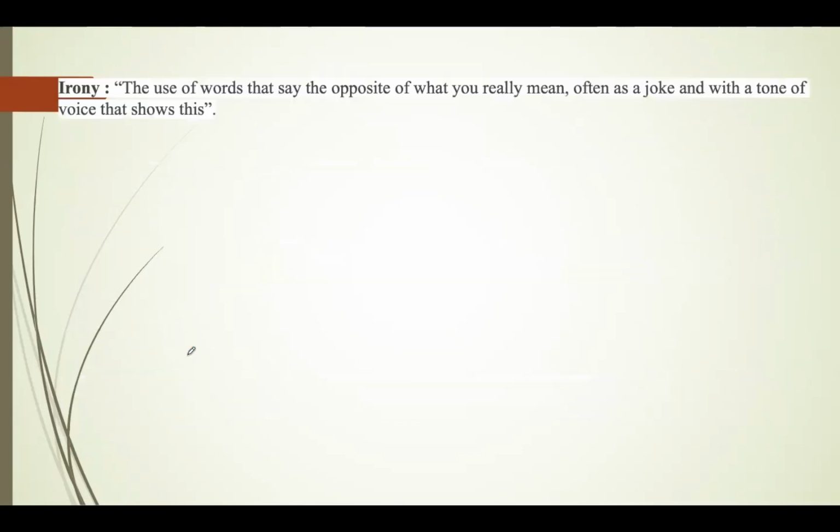Suppose I take this sentence. First let us define irony and sarcasm separately. If I use words that say the opposite of what I really mean, it can be as a joke or with a tone of voice that shows this. If I say something opposite to the word, then that is irony.